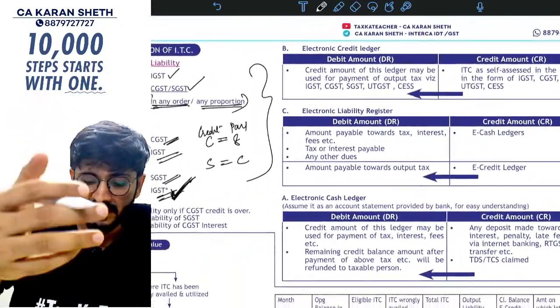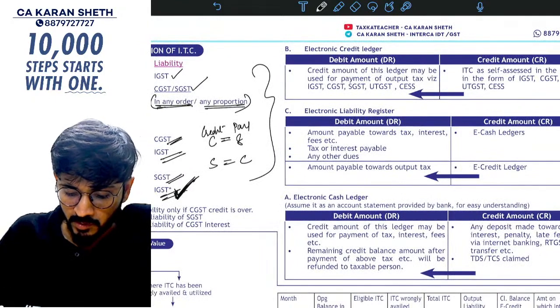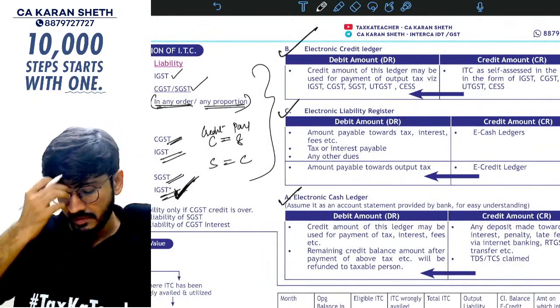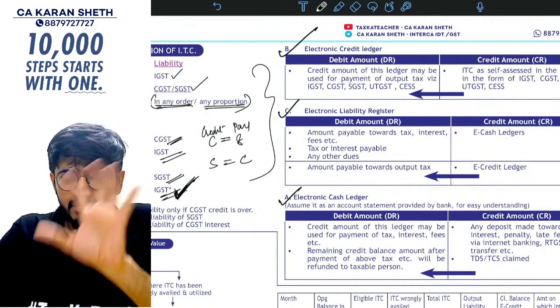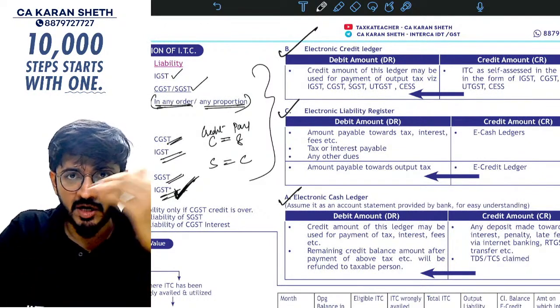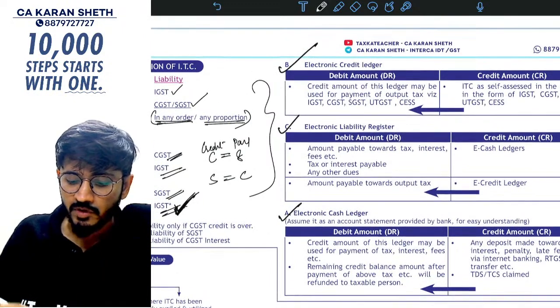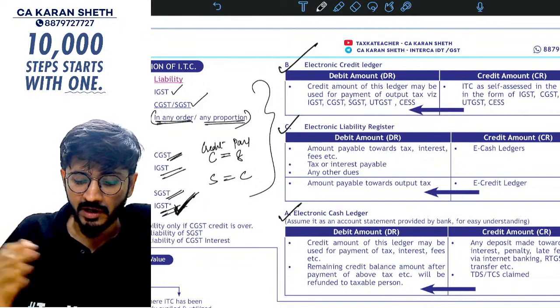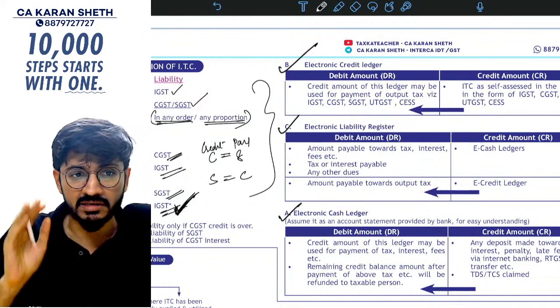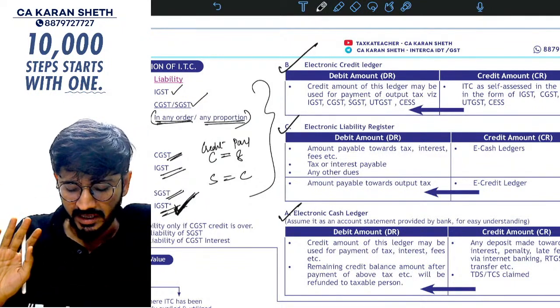In the same context of e-ledgers, I just want you to go through all these three. Understand that it's nothing but the debit side and credit side of each ledger. If I give you the mantra and you follow it, you will easily be able to figure out what is written on the debit side and what is written on the credit side. Correct?